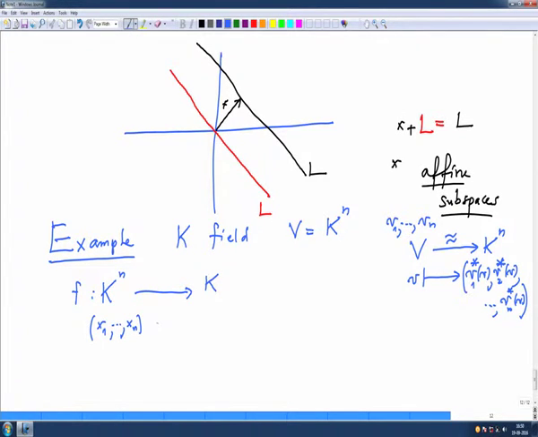It goes to some element here. They are the coordinates already given. So, it is a1 x1 plus up to an xn.